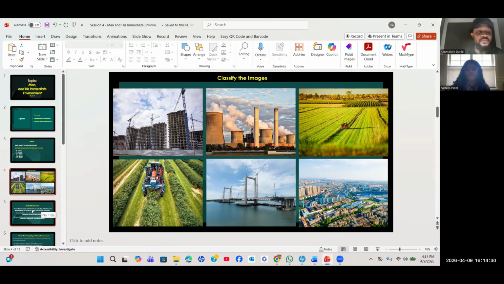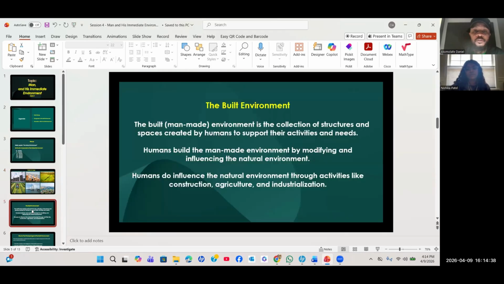Correct. Impressive. So all the pictures simply portray the built environment.